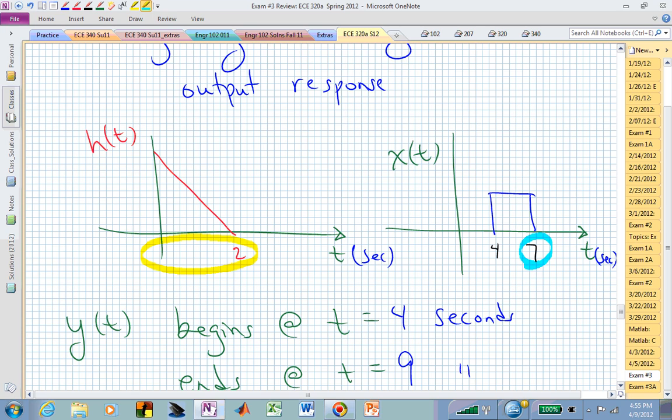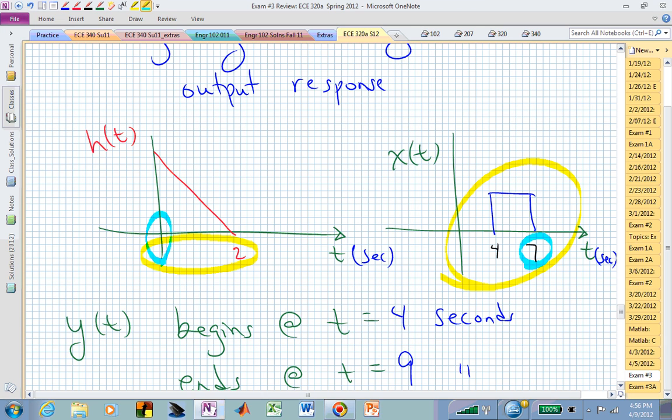The x that we are hitting it with in this example is this one that starts at 4. So we start as soon as we get excited. It starts at 4, but then we quit hitting it at 7.